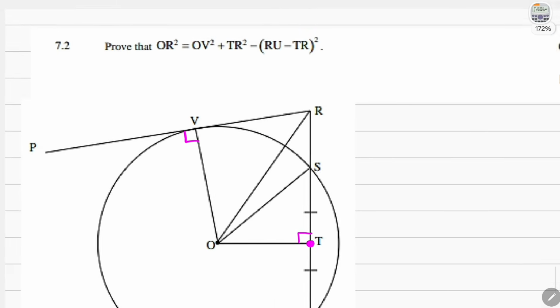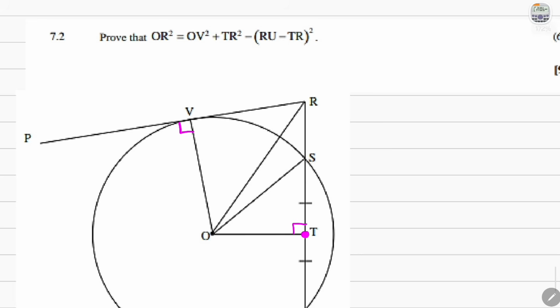So with this, I don't want to start trying to find out why did they give me this yet and all of that, because then I may just get lost with all these letters. And so what I'm going to do is focus on what they said. They said OR squared. So I'm going to look for ways to construct finding OR squared.